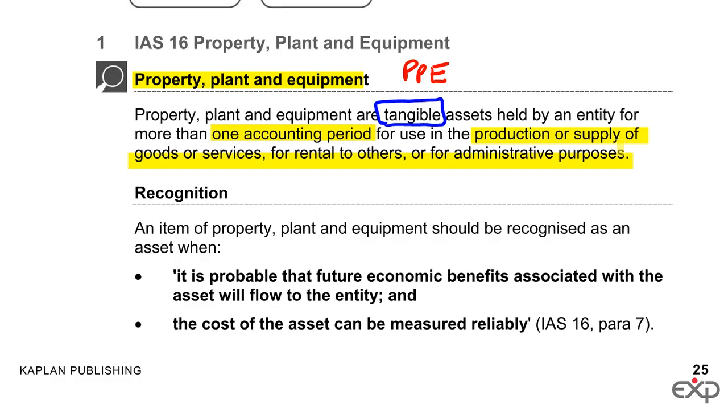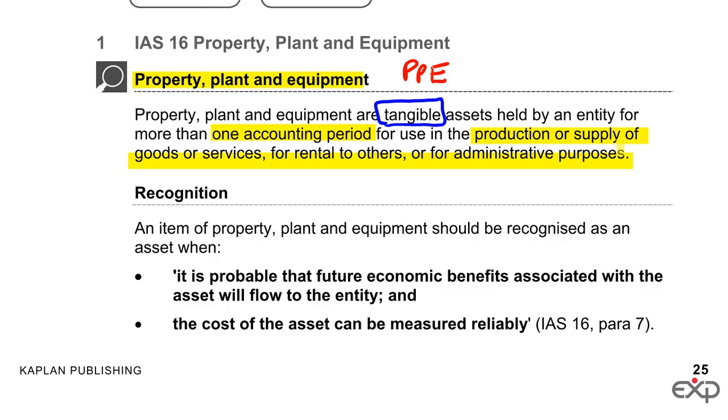Now, for production or supply of goods or services, we think traditionally of being something like a manufacturing unit. For rental to others would be if you're a company that leases items. And for administrative purposes, it may be things like desks and chairs and computers and photocopying equipment.